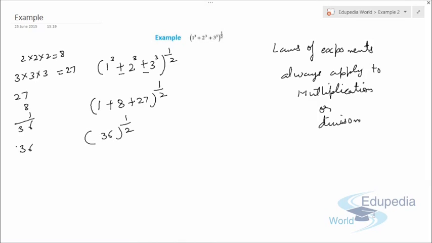So 36 can be written as 6 into 6, so 36 can be written as 6 square raised to power 1 by 2. So again we can multiply the powers, so it is 6 raised to power 2 into 1 by 2, so this will get cancelled out, so the answer will be 6. So this is how we solve this question.